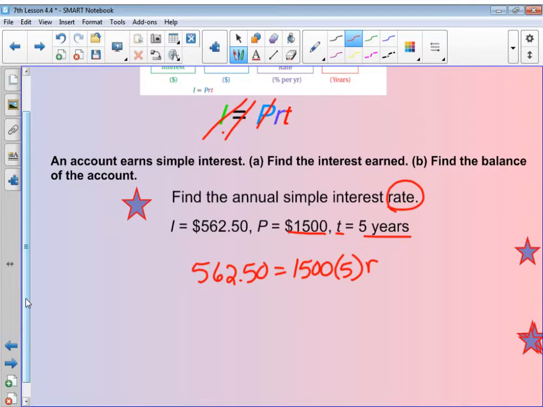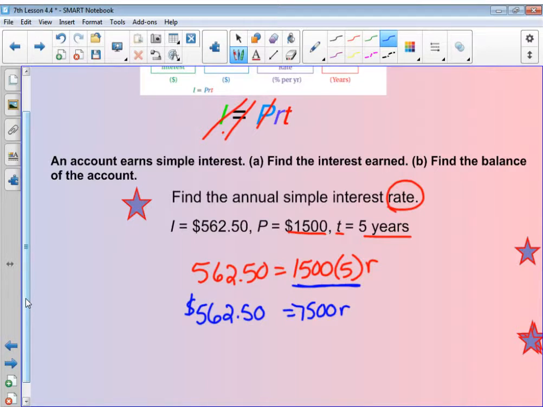Okay, so our next step, we want to simplify. So we're going to solve for this part of it. So 1,500 times 5 gives us 7,500 times R equals 562.50. Now I want to get that R by itself.